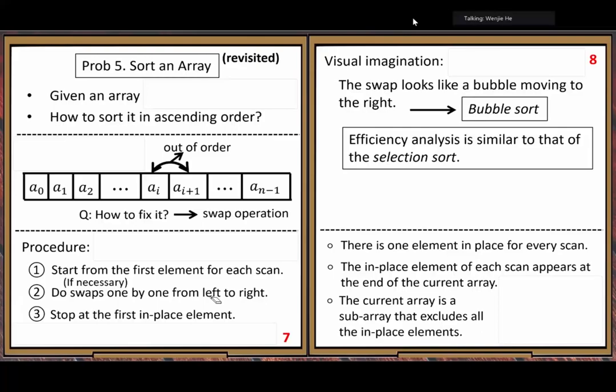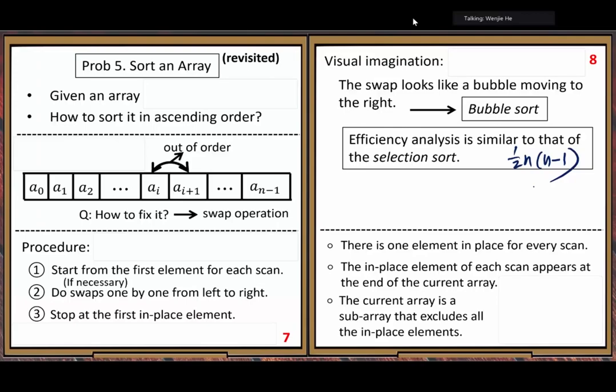If we count the number of comparisons, for any input, we need to do the same number of comparisons. Because there are many scans, right? How many comparisons in the first scan? n-1, right? How many in the second scan? n-2, and n-3, and so on.